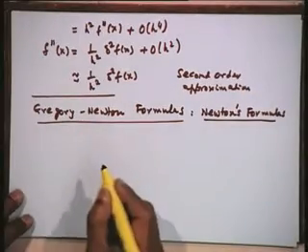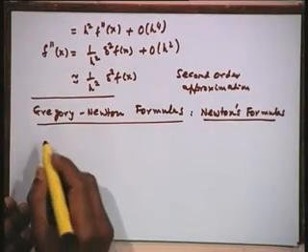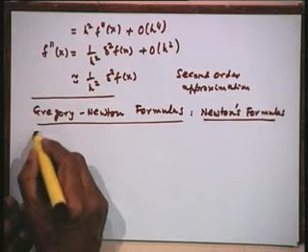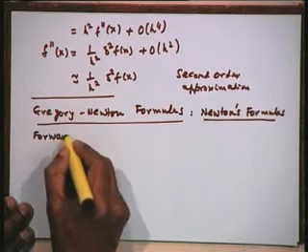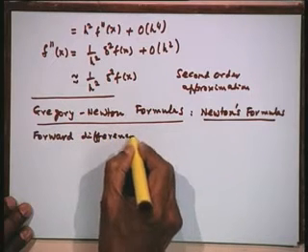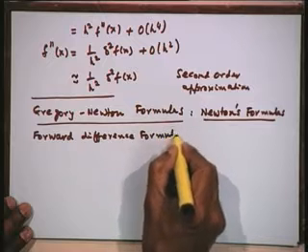That means, we may not attach the name Gregory, but we will call it Newton's formulas. Let us first take the forward difference formula.